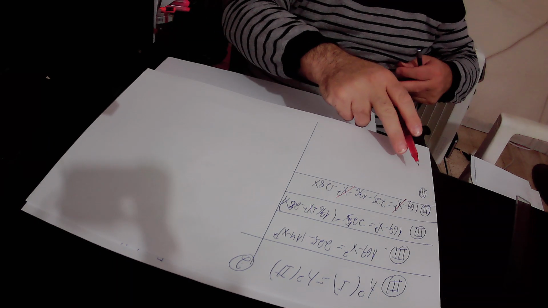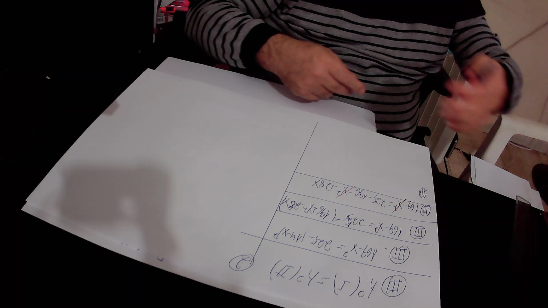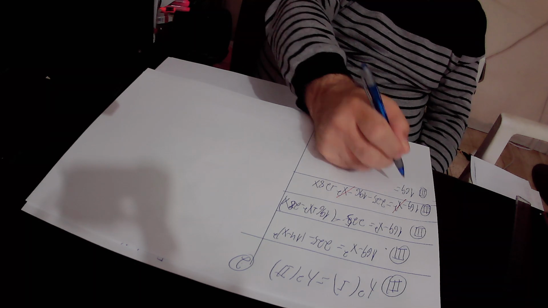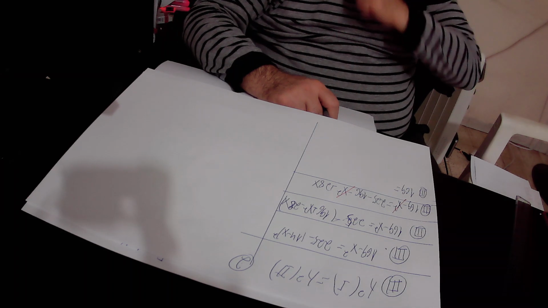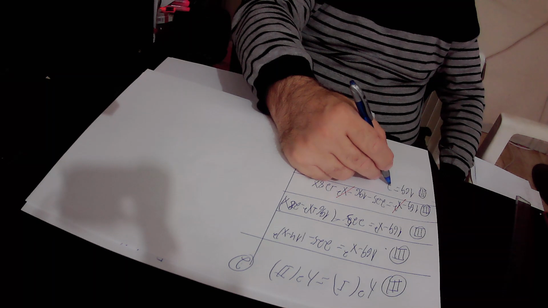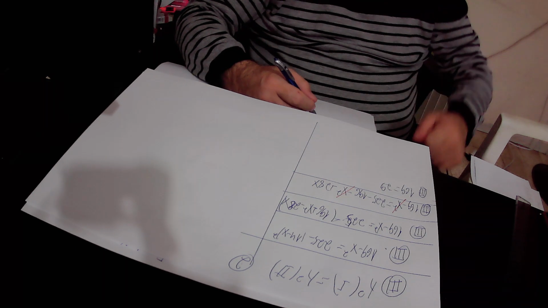So on this side of equation number 3, we are left only with 169, and it equals 225 minus 196, which is 29, plus 28x.